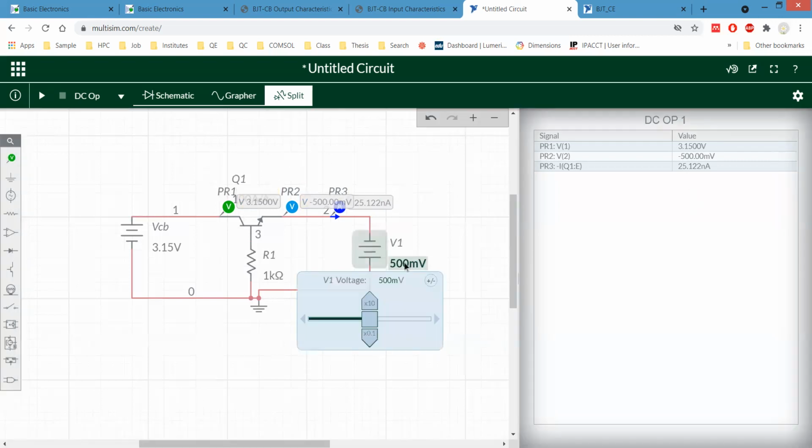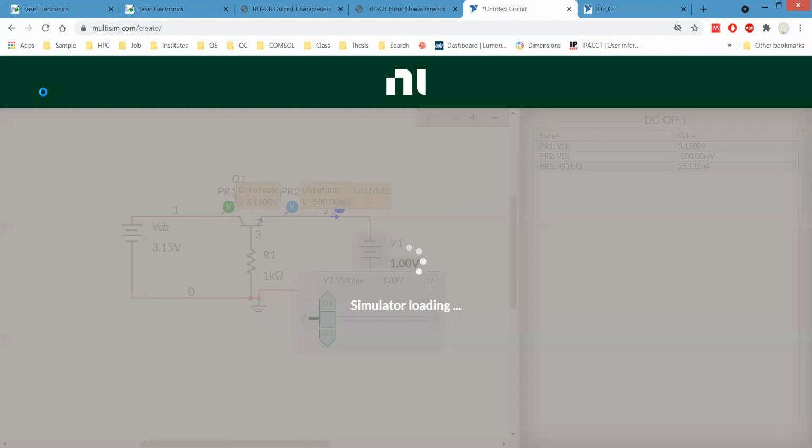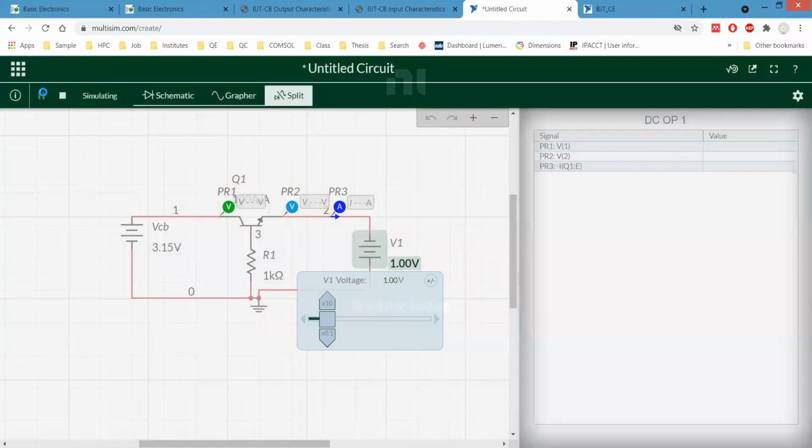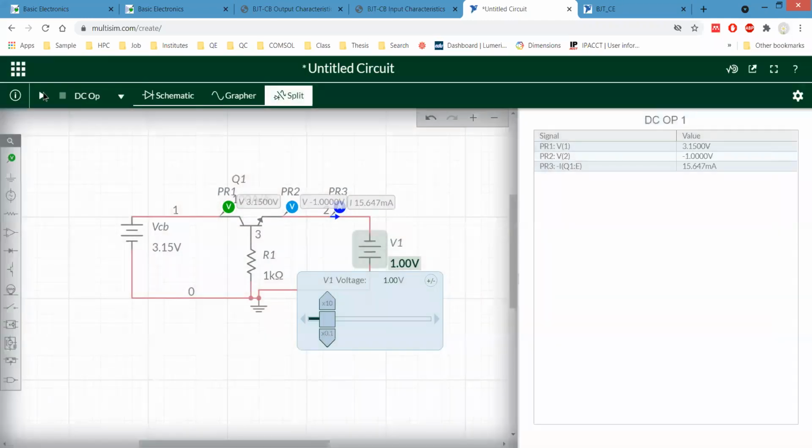Now let's keep it as 1 volt. For 1 volt, the current is in milliamps, yeah, it is 15.647 milliamps. Note it.